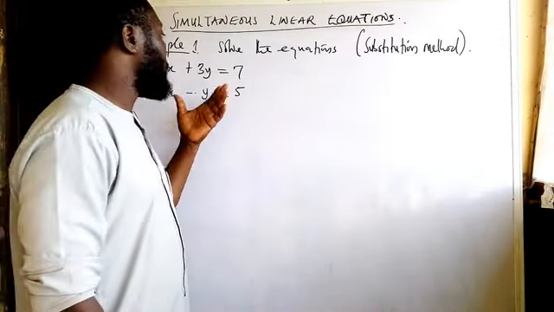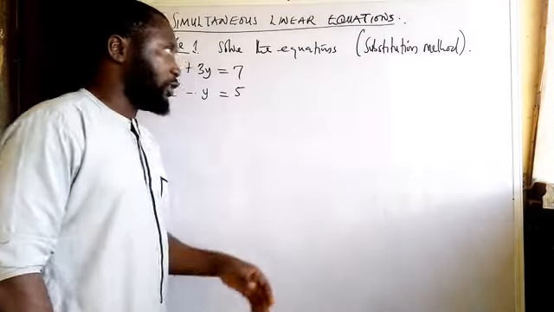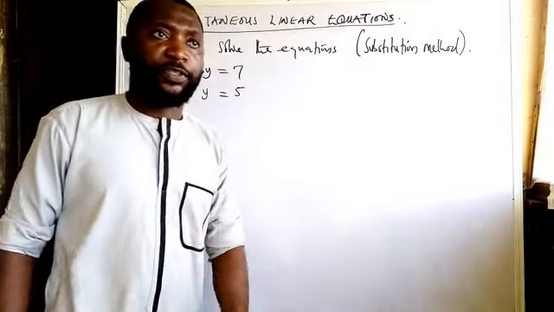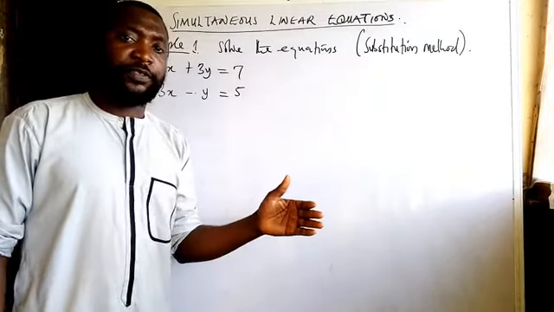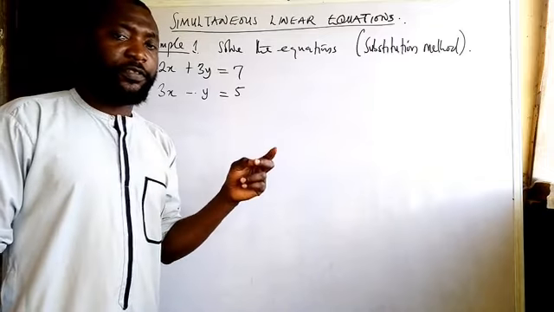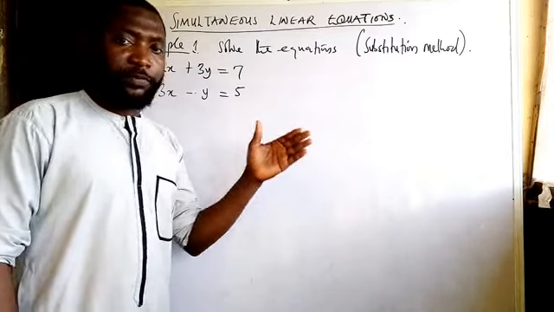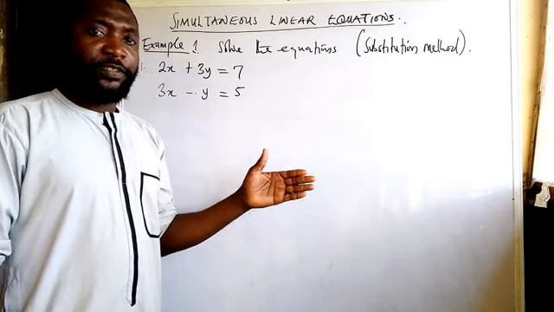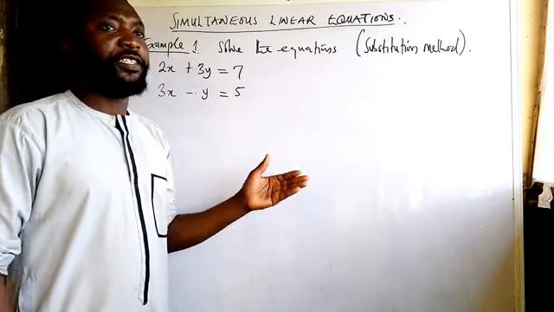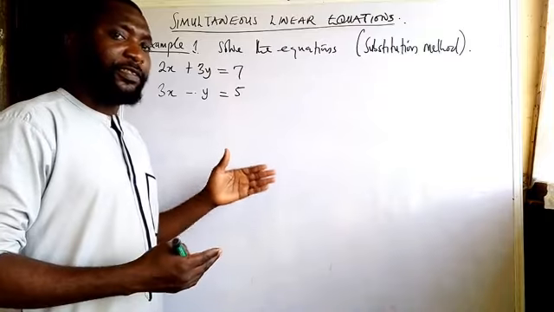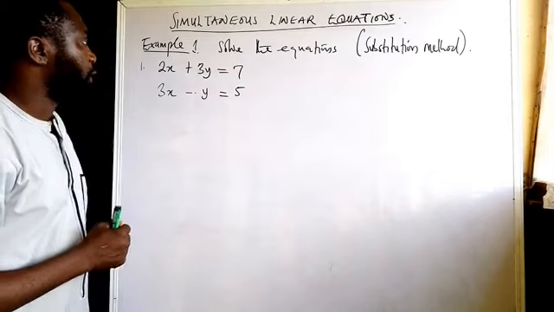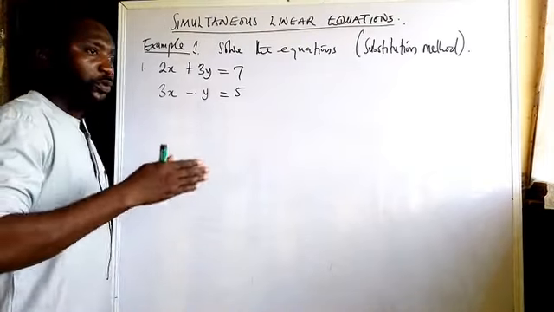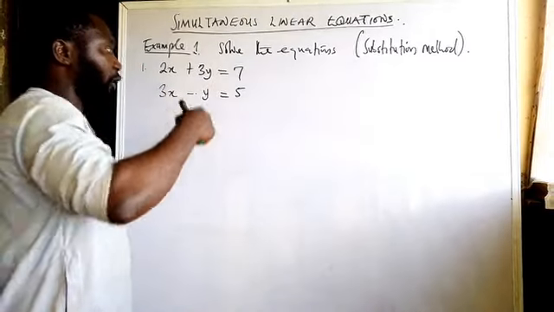When you are solving simultaneous linear equations using the substitution method, you make one of the variables subject. Once you make it subject, then you put that into another equation. You don't put it into the equation you rewrote, but into another equation.